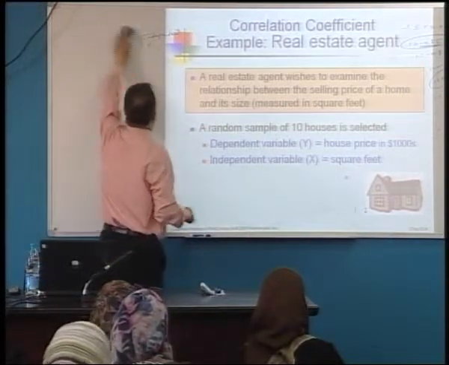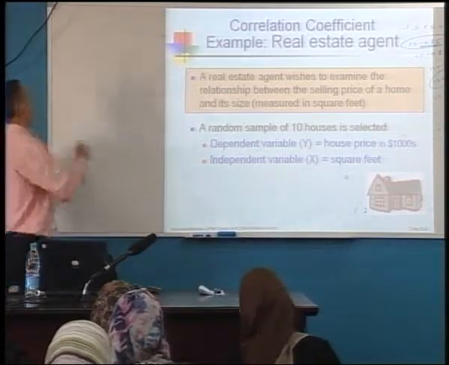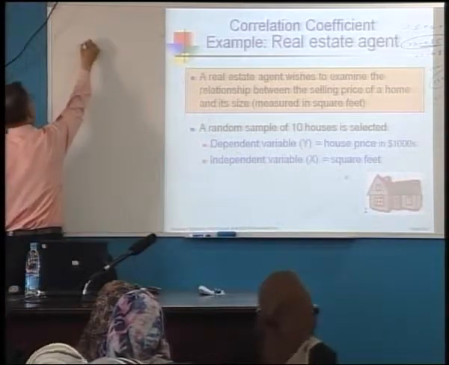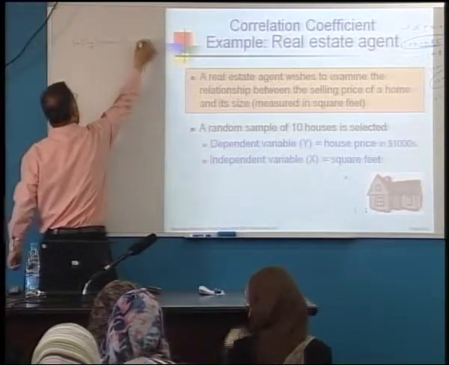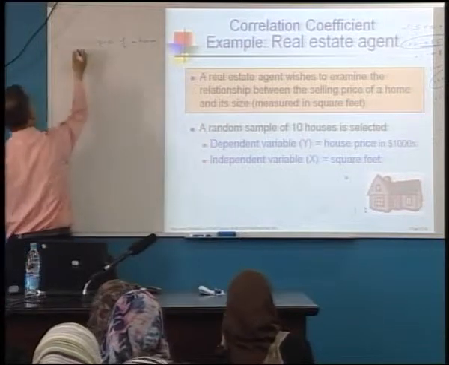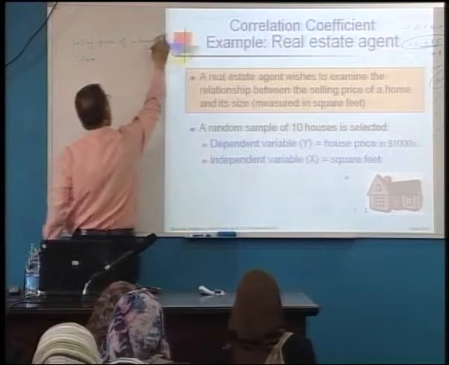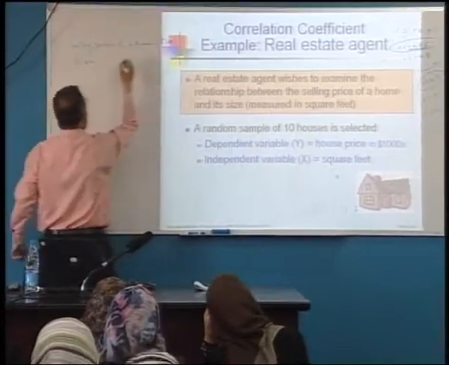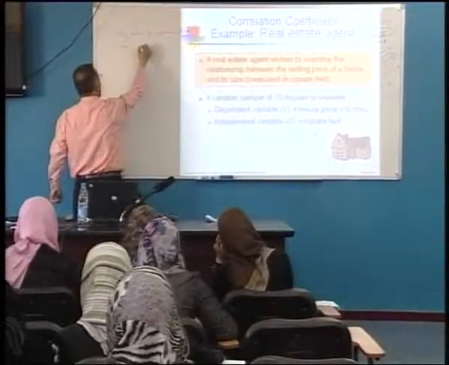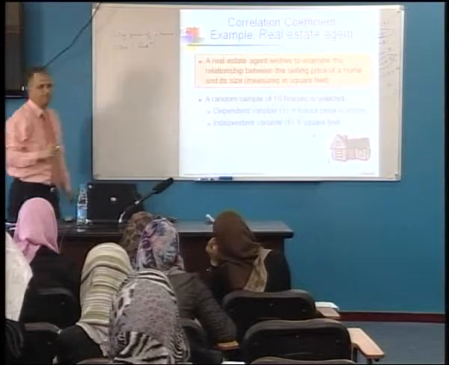One is the selling price of a home, and the other is its size. Selling price is in $1,000, and size in square feet.